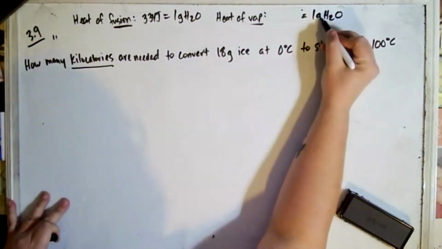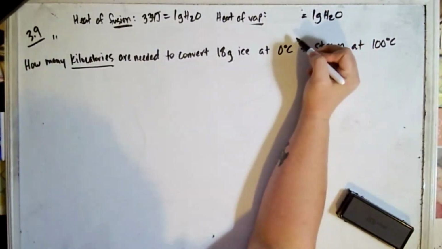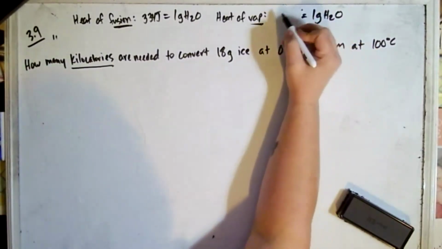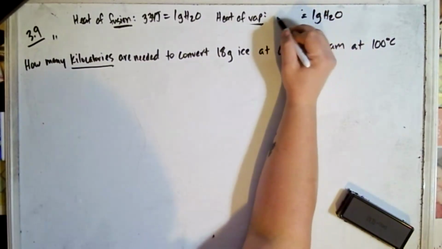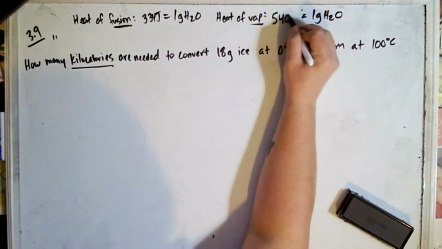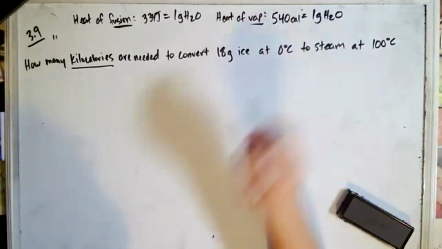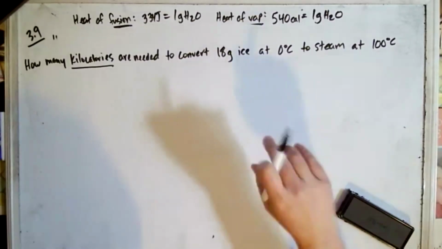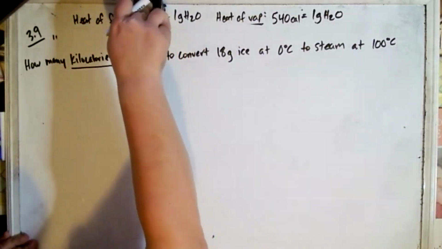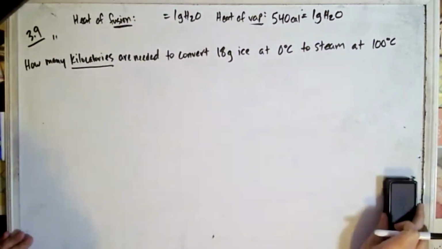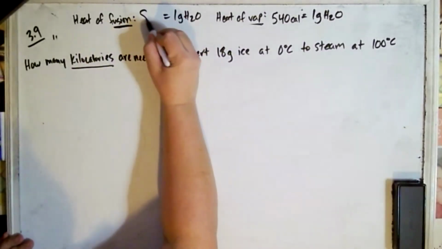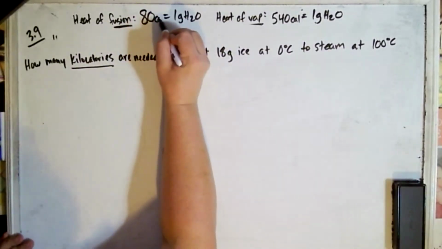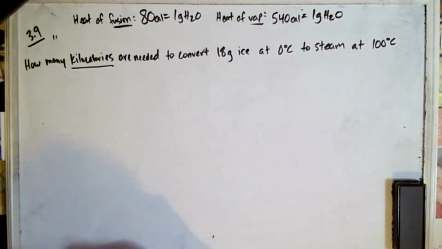So for our heat of vaporization, it's 2260 joules for every 1 gram of water, but remember it's 540 calories for every 1 gram of water. And then for our heat of fusion, it's 334 joules, 80 calories for every 1 gram of water that's frozen or melted.